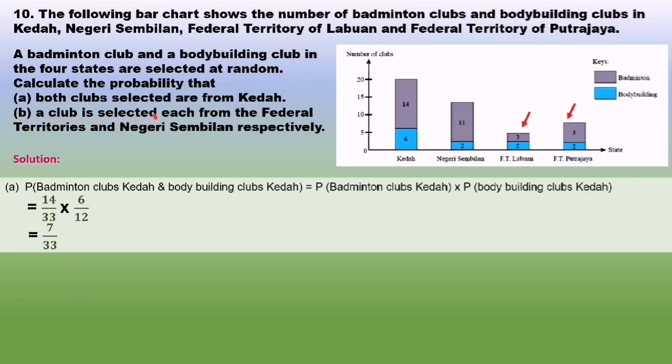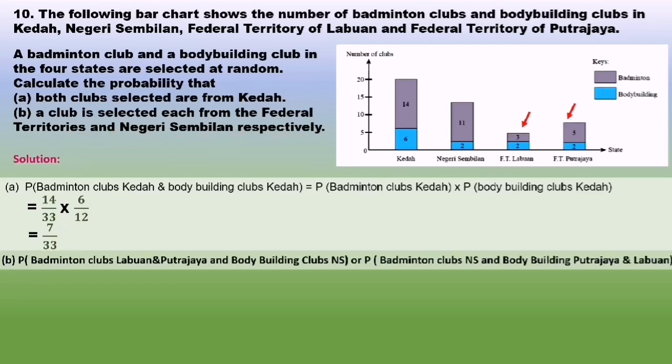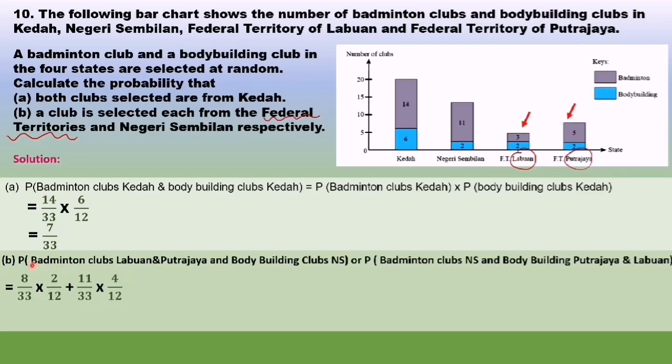B. A club is selected each from the Federal Territories and Negeri Sembilan respectively. For Federal Territories, we have Labuan and Putrajaya. Of badminton clubs, Labuan and Putrajaya is 3 plus 5, 8. So 8 over 33 times bodybuilding club Negeri Sembilan 2 over 12.